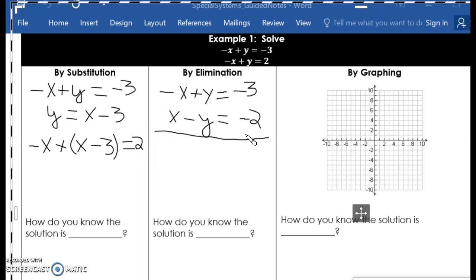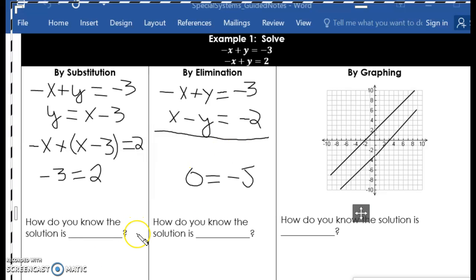Have the guest teacher pause the video and you guys graph the two equations. Uh-oh, our lines are parallel and they never intersect, which is why when you solved out either our substitution or our elimination, you would get no solution.